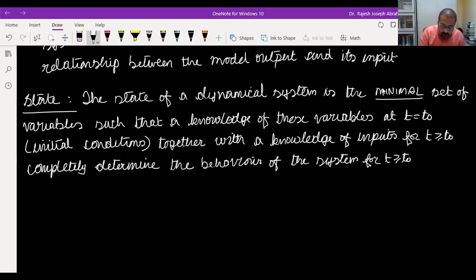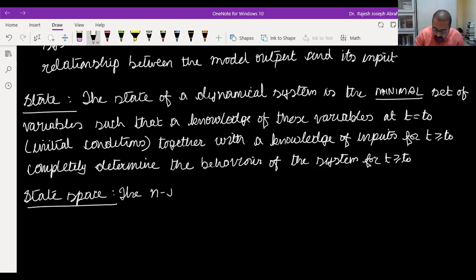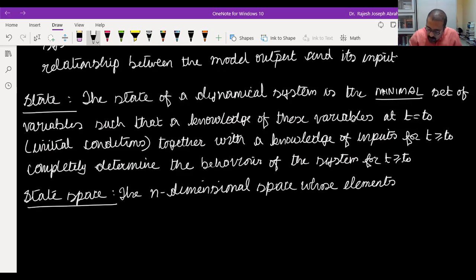Now, what is state space? State space means the n-dimensional space whose elements are the n state variables.